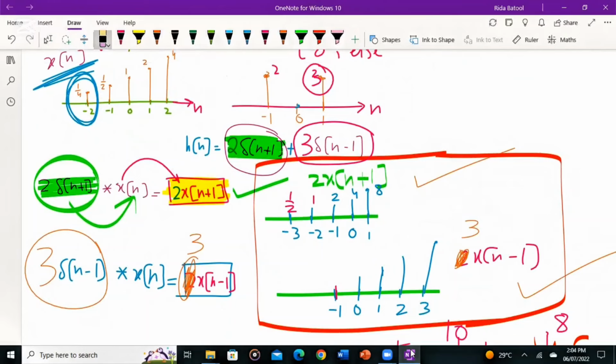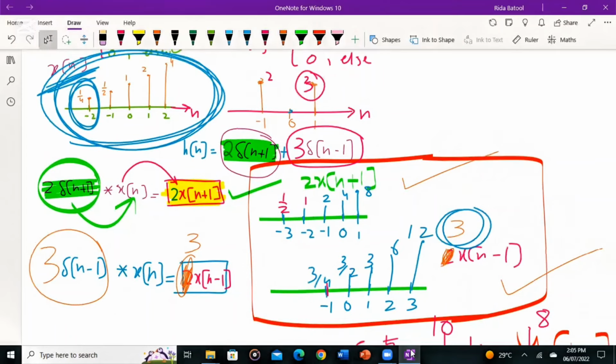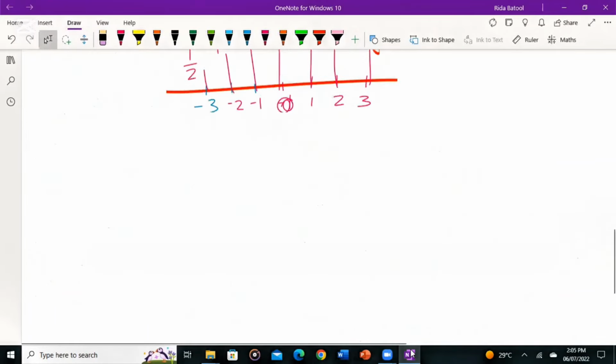You have to change the magnitudes only. 4 3s are 12. 3 2s are 6. 3. It would be 3 by 2. It would be 3 by 4. Okay. You have to multiply this x of n by 3. But this is applicable only for finite signals.